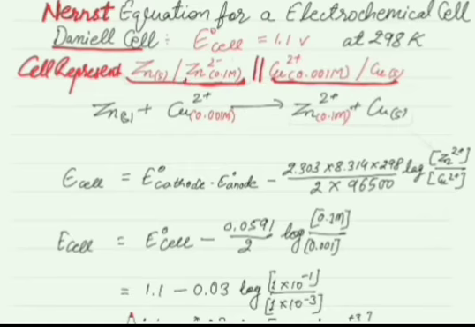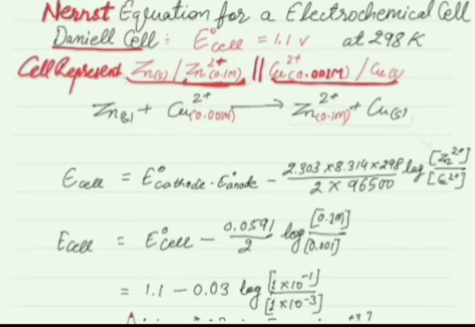The concentration of zinc 2 positive ions is 0.1 molar, whereas the concentration of the copper 2 positive ion that is getting reduced here is 0.001 molar, right?